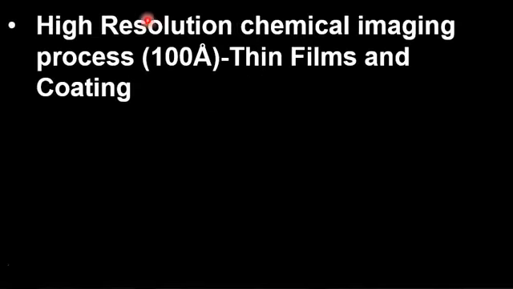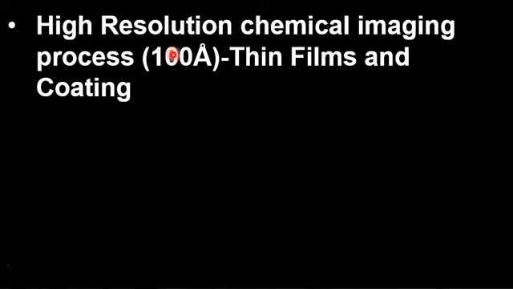Auger electron spectroscopy gives us high resolution chemical imaging of thin films and coatings. Basically it is a high resolution imaging process and it gives us a resolution of about 100 angstrom.